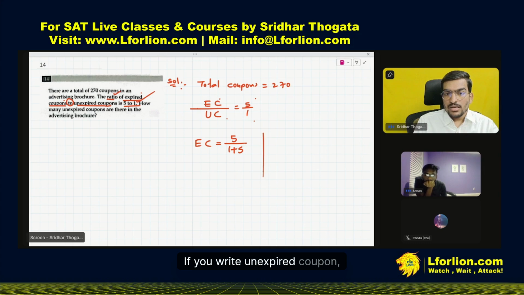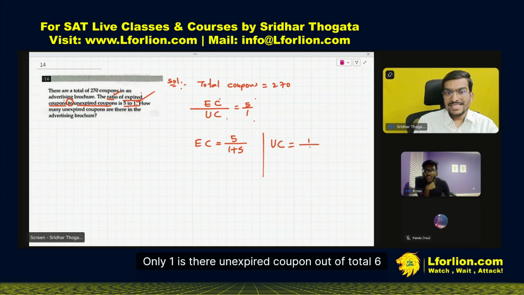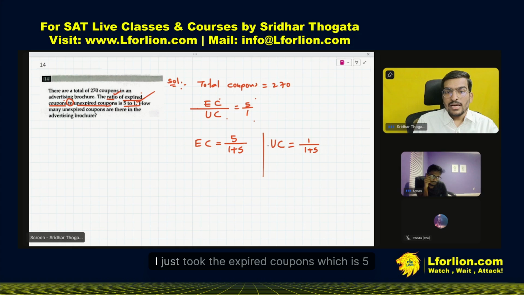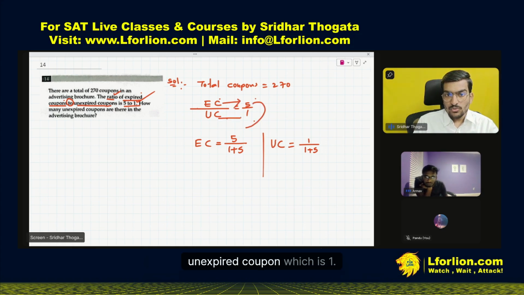Unexpired coupons are only 1, out of the total ratio 6. So unexpired is also over 1 plus 5.